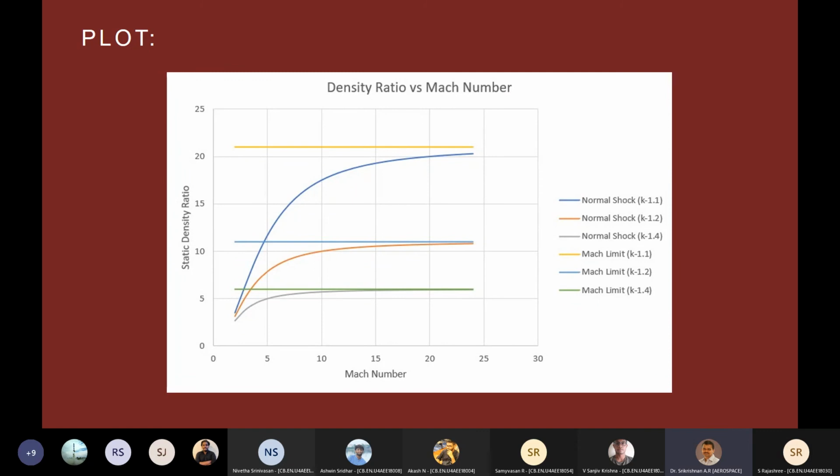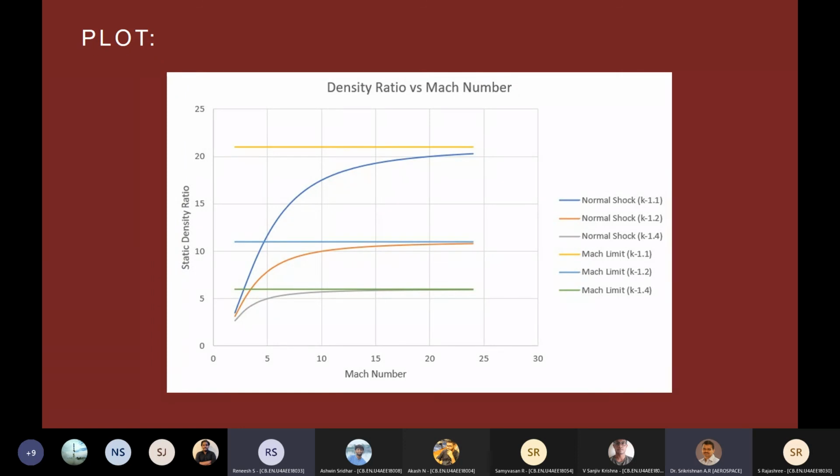Anybody from the group other than Rajeshri can comment on that. Renish, can you please? Sir, I can't say exactly, but for gases with low gamma value, like rare gases, this convergence is applicable only for greater Mach numbers, hypersonic.